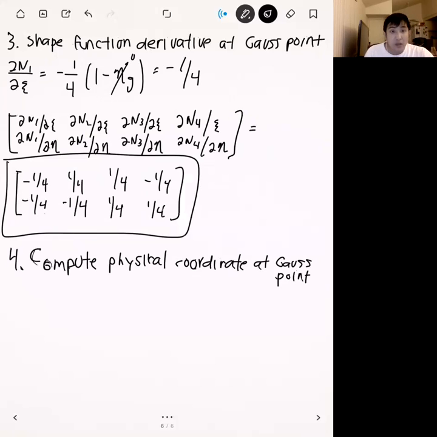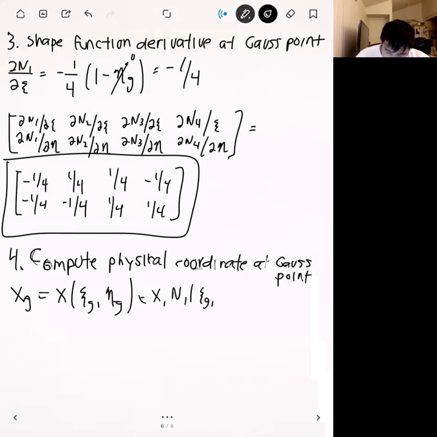Okay, so basically what we're going to do is evaluate xg, which is simply our mapping function x evaluated at xi g and eta g. Remember, this is x1 N1 evaluated at xi g and eta g, plus x2 N2, where N2 is again evaluated at xi g and eta g.